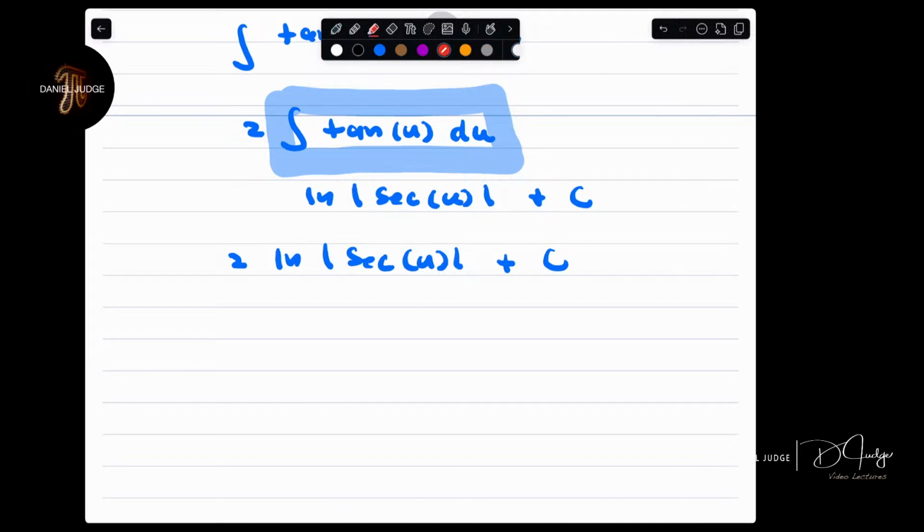Our u, don't forget, was 1/2 x. So 2 natural log, absolute value of secant, 1/2 x plus c.